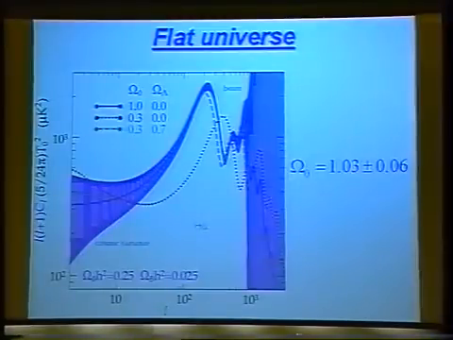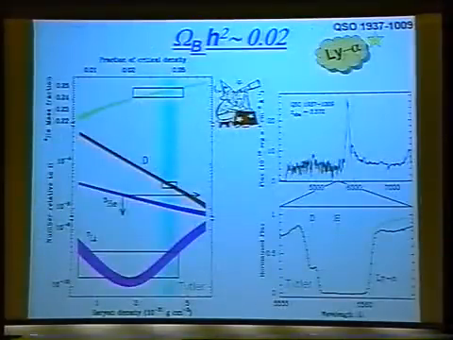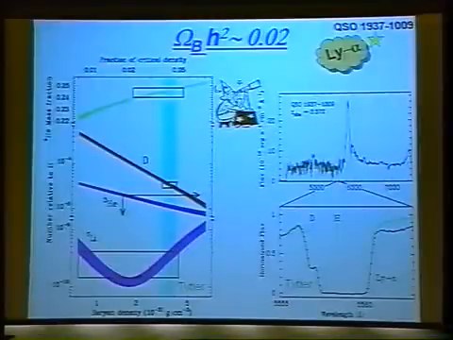Determinations of the peak suggest that the total value of omega is 1.03 plus or minus 0.06. So the total value of omega today is equal to 1, and we don't see that in any form of matter. Recent determinations of the baryon fraction of the universe show it is much smaller than 1.